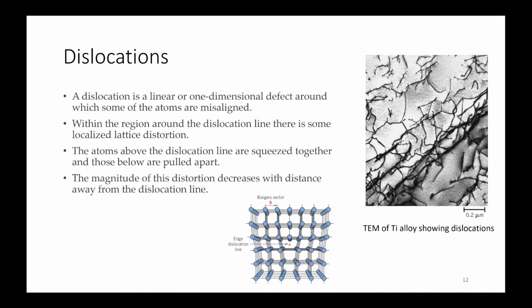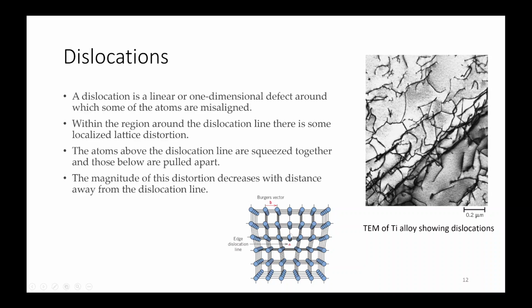A dislocation is a linear or one-dimensional defect around which some of the atoms are misaligned, and within the region around the dislocation line there is some localized lattice strain. As seen here, there will be half planes in the case of edge dislocations.